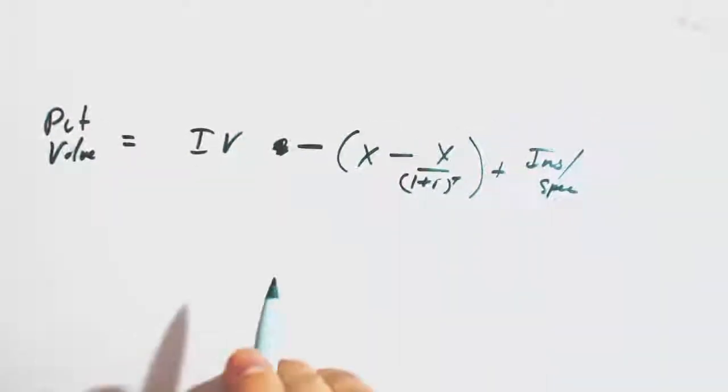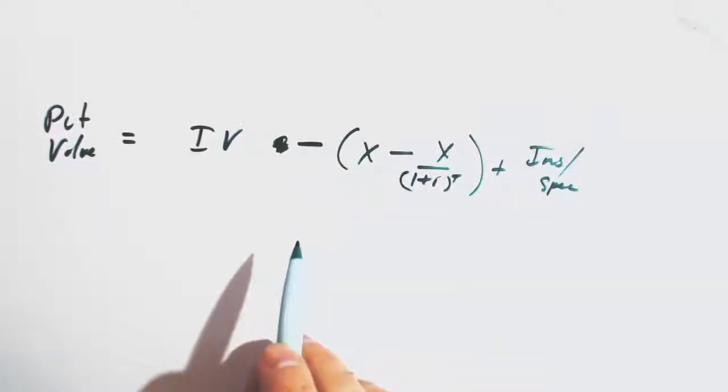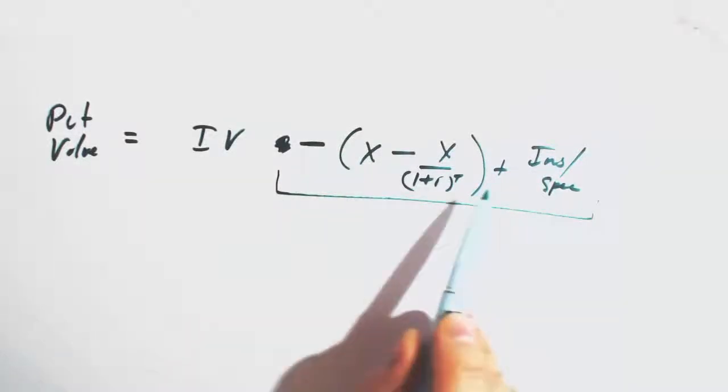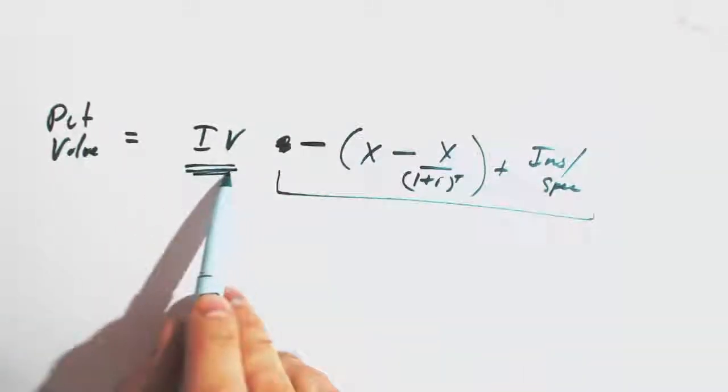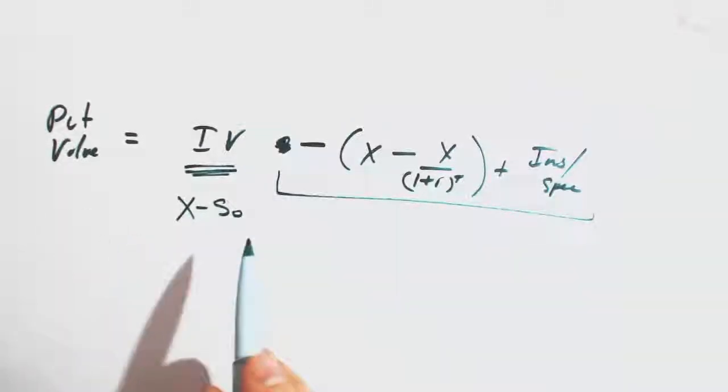Okay. So now we're talking about, should we exercise an American early? When you exercise the American early, you're throwing this away. And you're throwing these components away, and you're getting your hands on the intrinsic value, which is X minus S0. You know, assuming it's in the money.